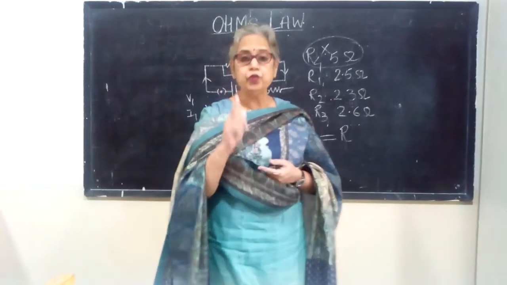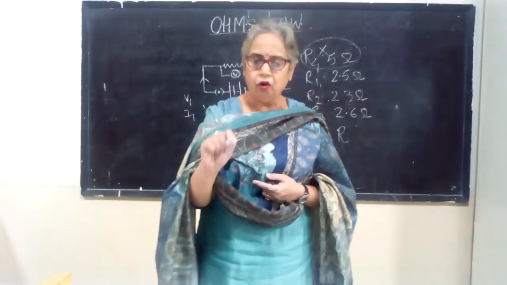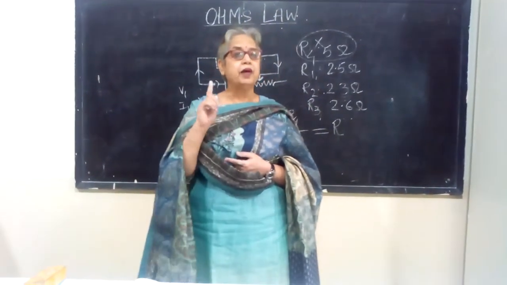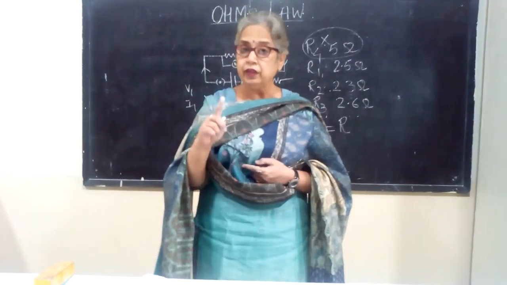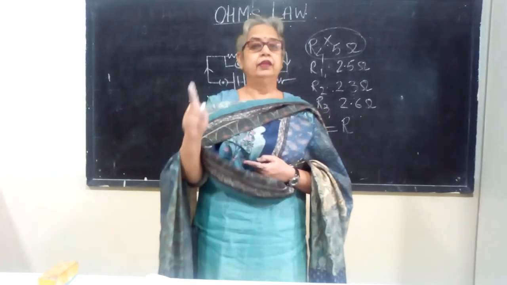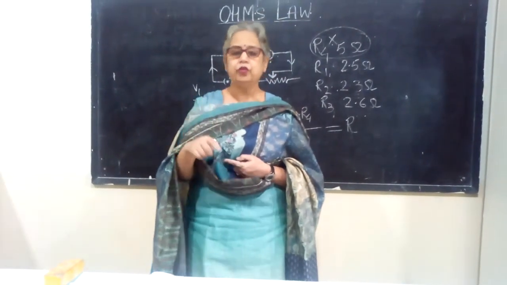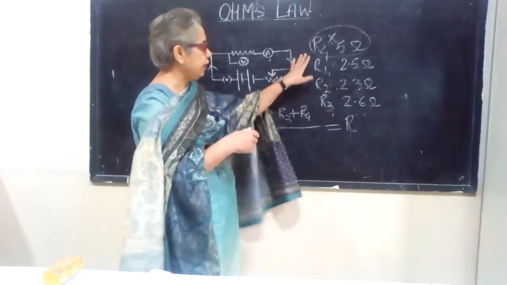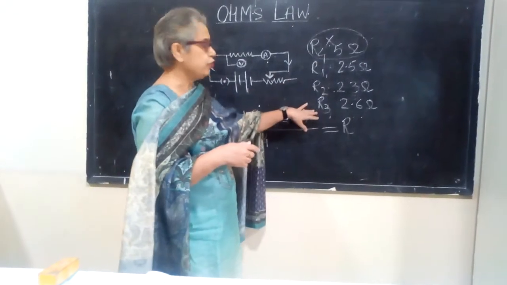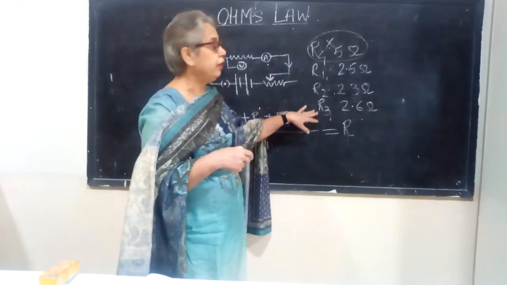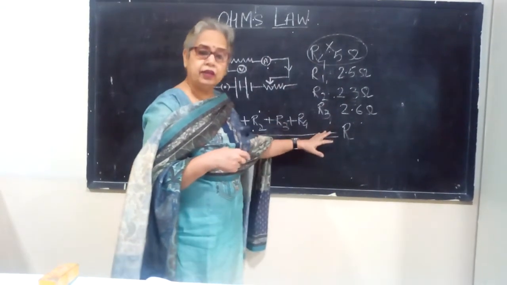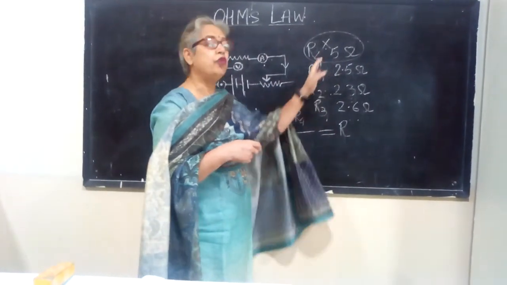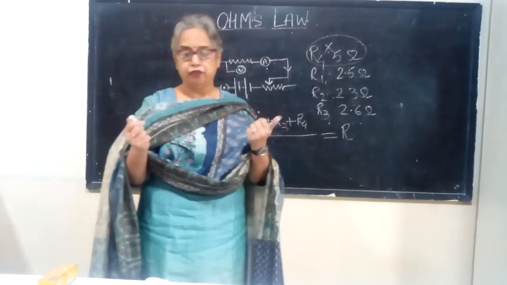Because if you keep the key plugged in throughout, the temperature is going to increase, and with the increase in temperature, the resistance is going to increase. So you can say this student who did this experiment may have kept the key on after taking 3 readings. That is why the 4th reading is so much different.